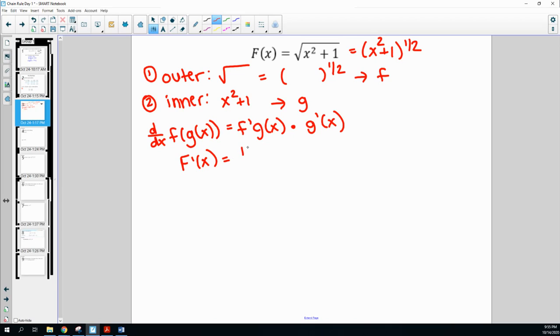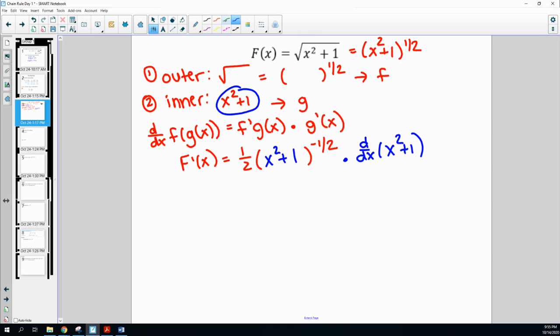So the derivative of that would be 1/2 something to the negative 1/2. And that something is the inner function of x squared plus 1. So this x squared plus 1, that's my inner, is going to go inside. And then I'm going to multiply by the derivative of that inner function. So I'm just going to write it like this, by the derivative of x squared plus 1.